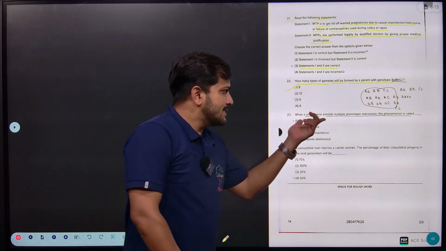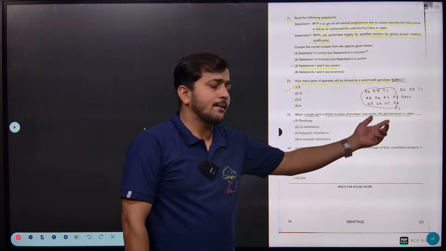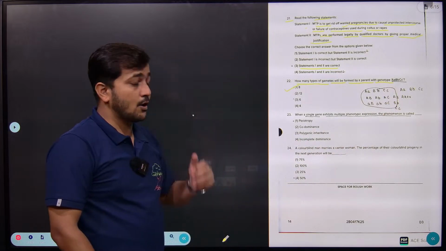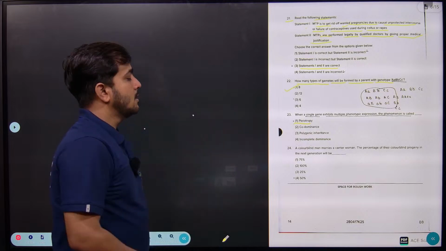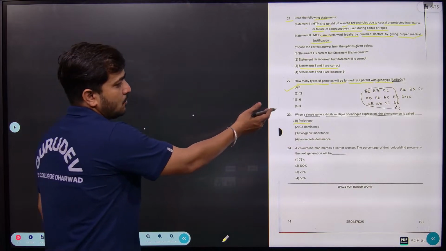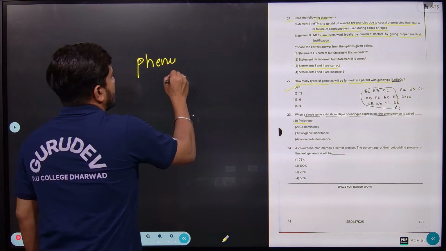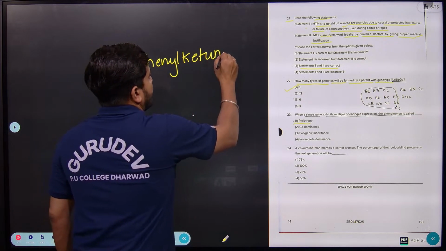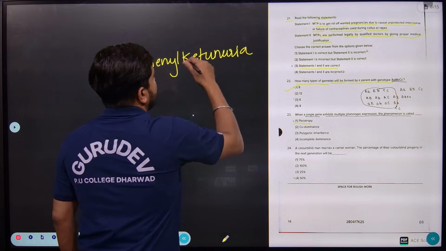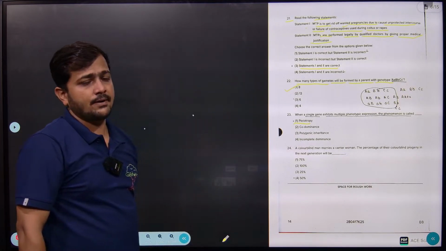Then, when a single gene exhibits multiple phenotypic expressions, this phenomenon is called pleiotropism. The best example of pleiotropism is phenylketonuria. Based on the absence of only one gene, we can get many symptoms or characters.